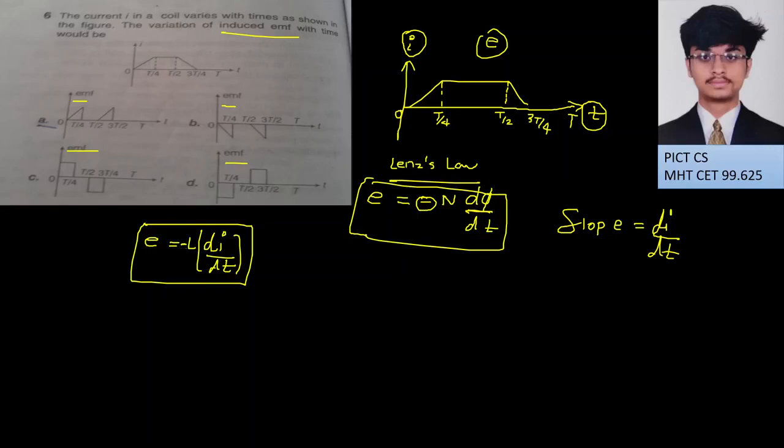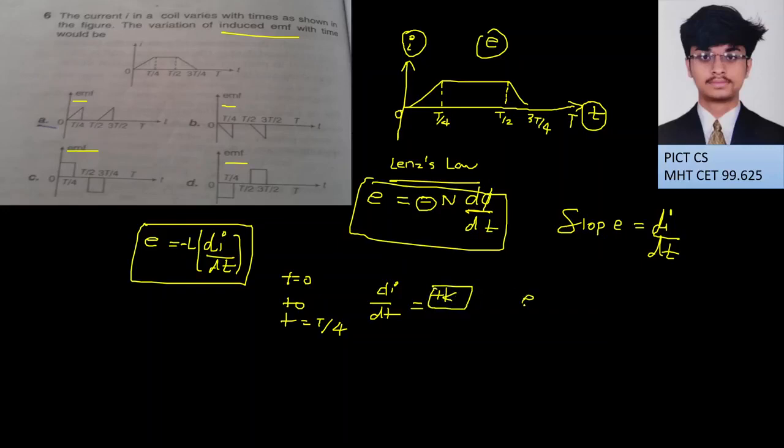I forgot the sign, which is important in this case. So see, suppose we have a slope from t is equal to 0 to t is equal to t by 4. What will the slope be? It's a fixed value. Can you see that at least? And it has a positive slope. Suppose it has positive slope plus k, right?